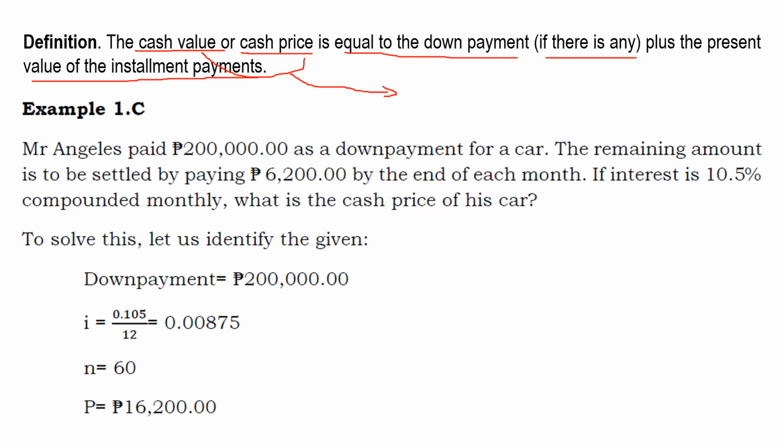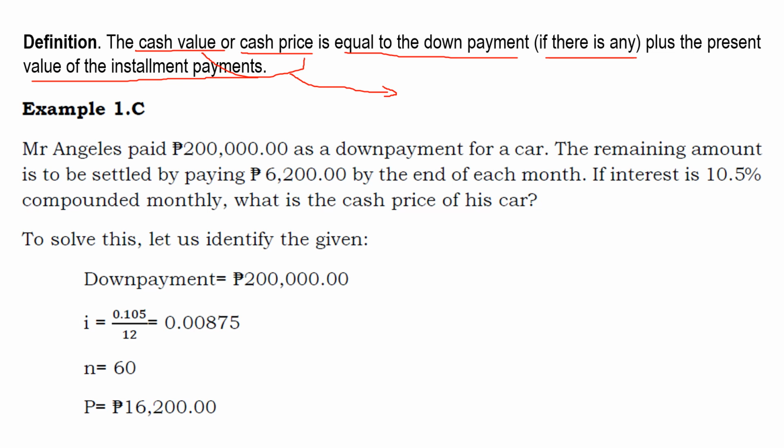So this concept of cash value or cash price is visible now in different malls because of Home Credit and Flexi Finance. They are private lending companies that make funds available for customers. For example, if we decide to buy a gadget but our money is not enough, then we decide to apply for a loan with Home Credit or Flexi Finance.